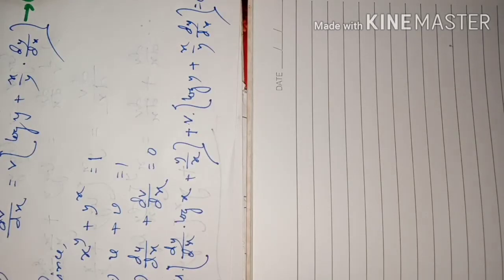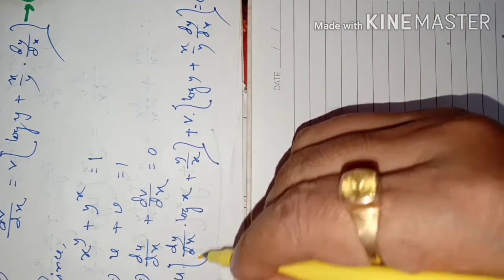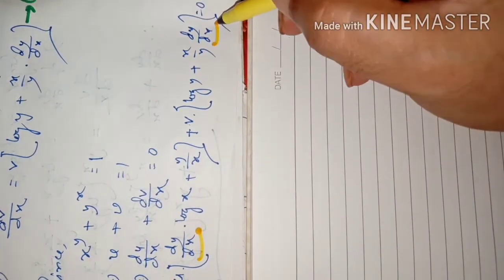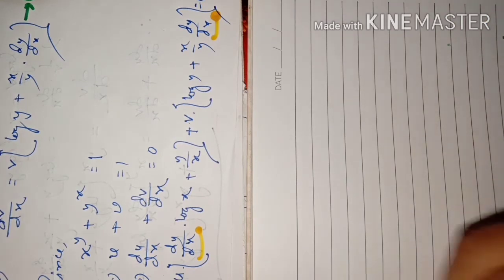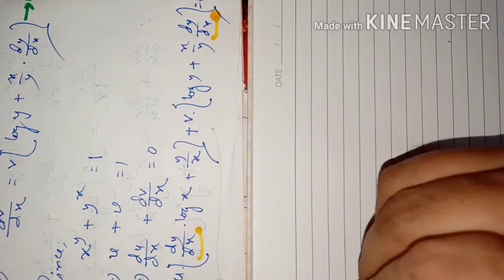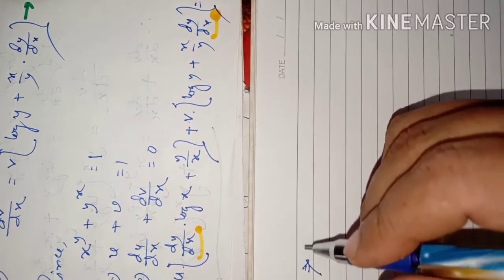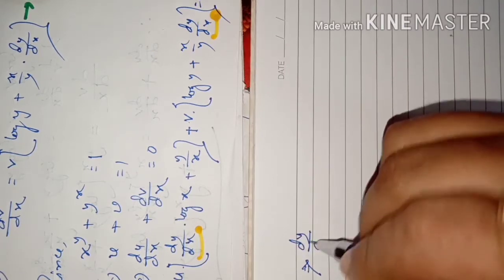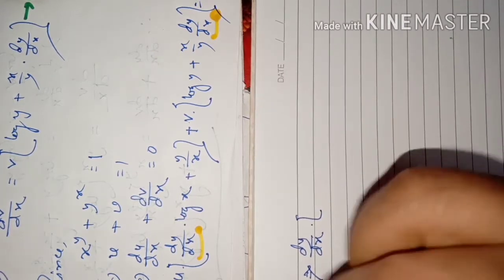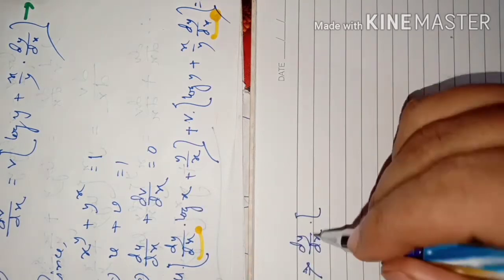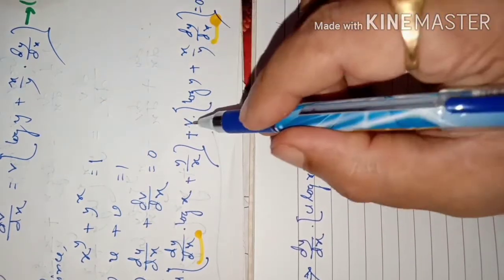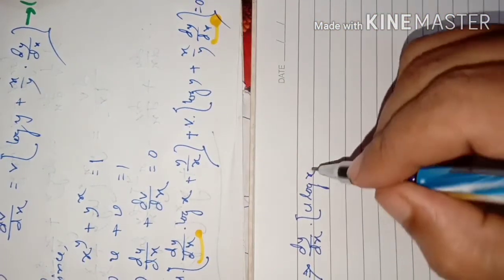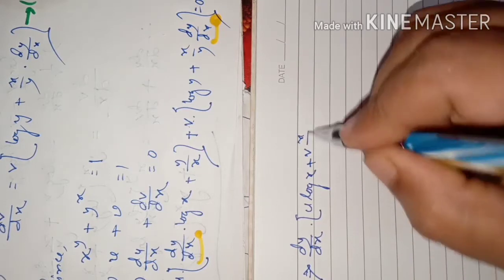Let us take dy by dx as a common factor from this term and this term. Here will be u into log x, and here will be v into x by y.